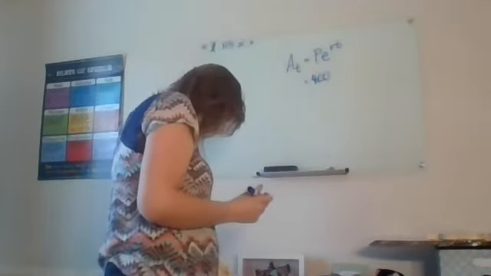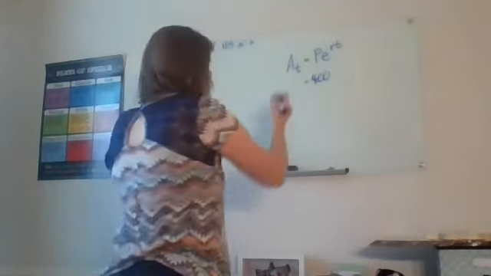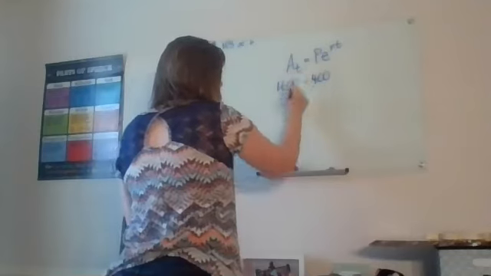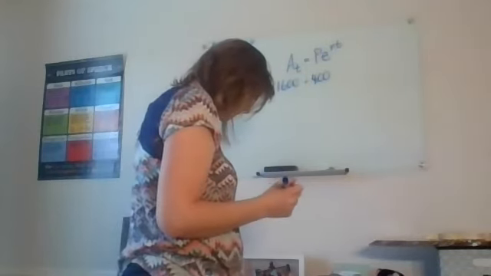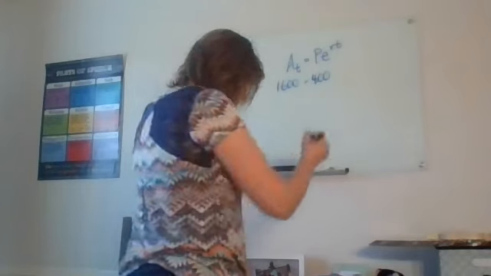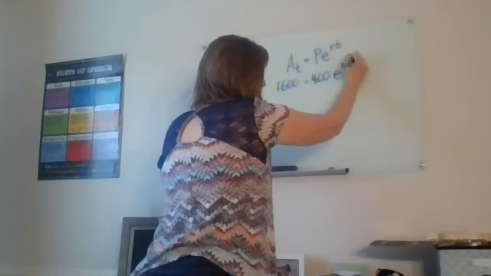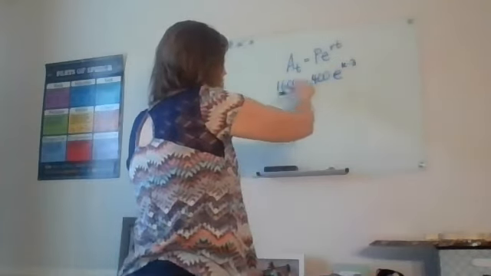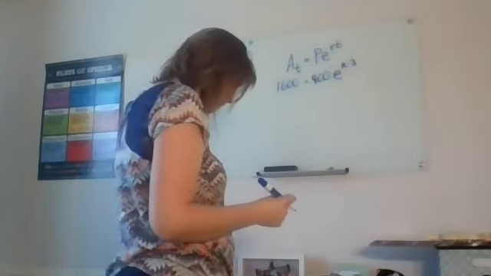And at the end of 3 years, it was 1,600, right? And it gave us e, and we don't know what the rate is, so we're going to put k, but we do know in 3 years, 400 of them turned into this.